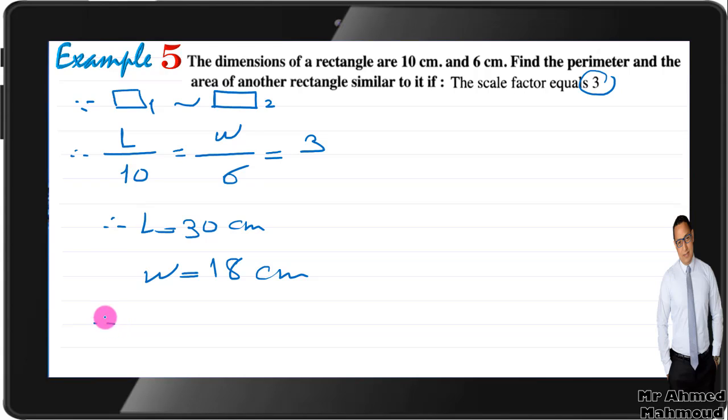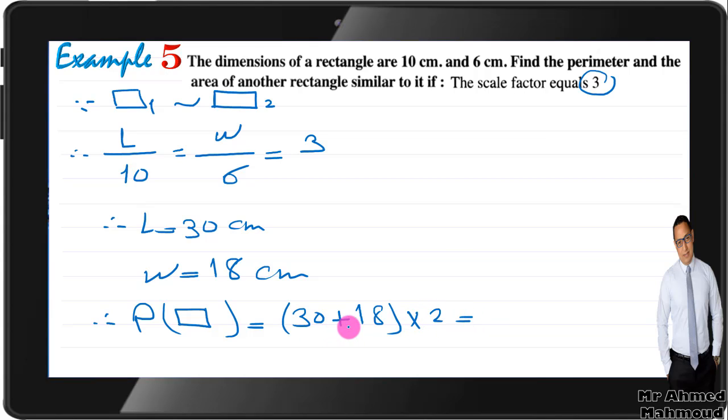Okay, therefore the perimeter of the unknown rectangle equals (length plus width) times 2: (30 plus 18) times 2.